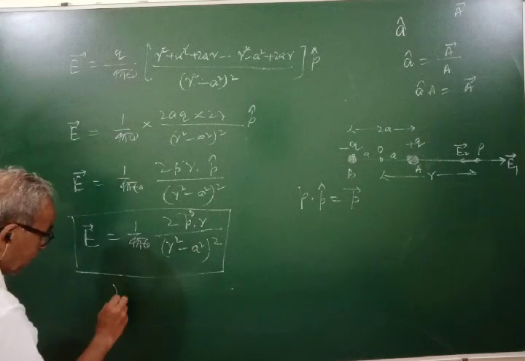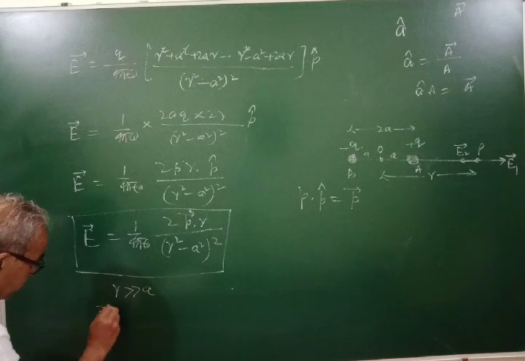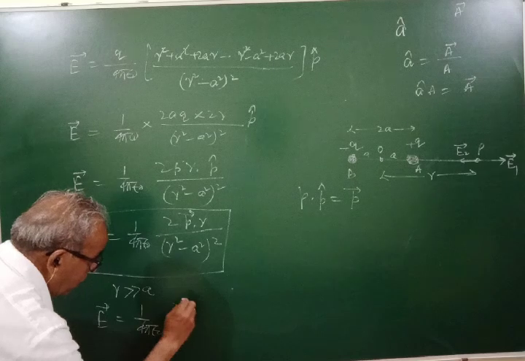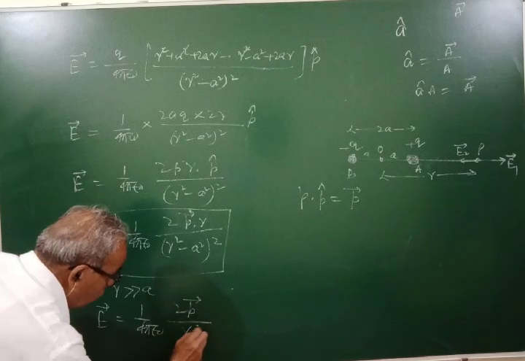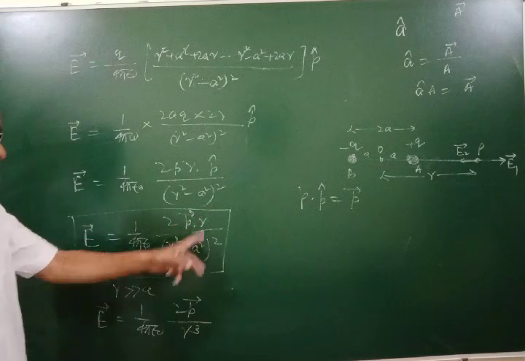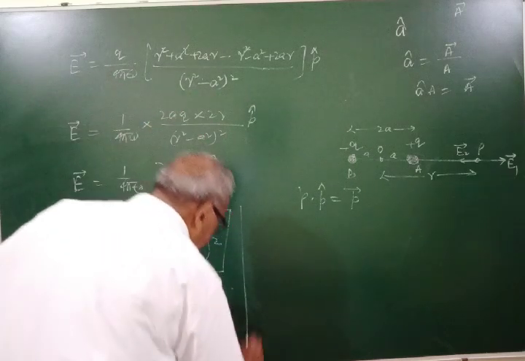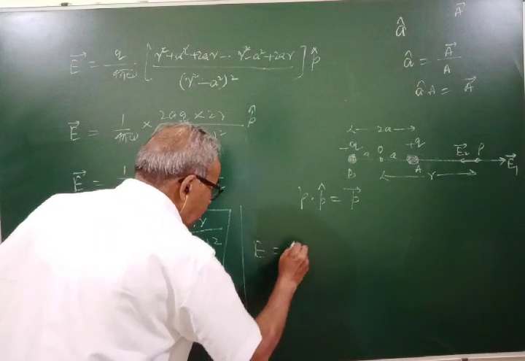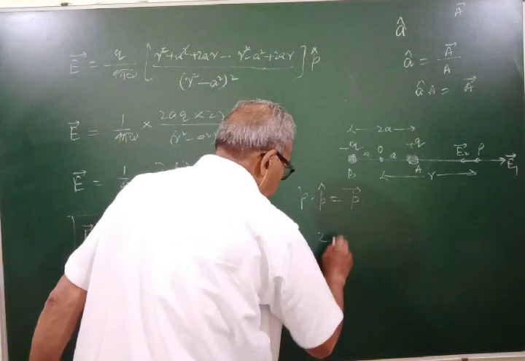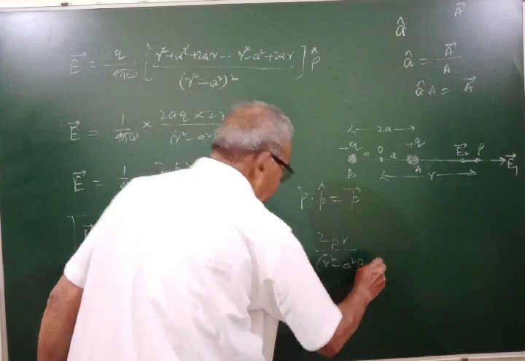And if r is much greater than a, then E will be 1 upon 4 pi epsilon 0 times 2p upon r cube, only that is left. a square can be neglected, leaving r square power 2, that is r to the power 4. If you have to calculate only the electric field magnitude, you can write the formula as 1 upon 4 pi epsilon 0 times 2pr upon (r square minus a square) whole square.